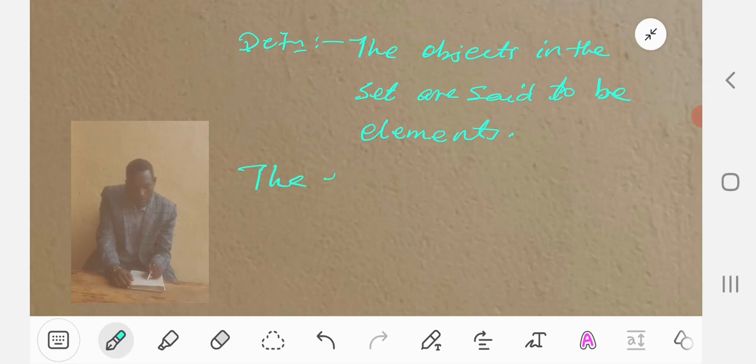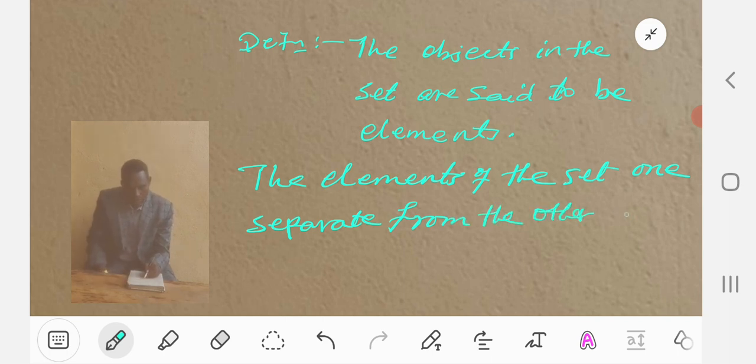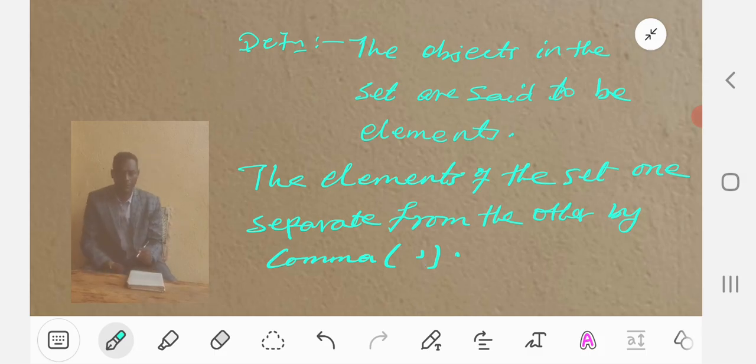The elements of the set are separated one from the other by comma. You know, a comma looks like this one. It's one of the marks which looks like that, that is comma. Therefore, let's see one example that shows the elements of the set.